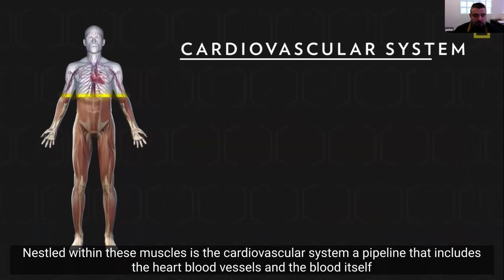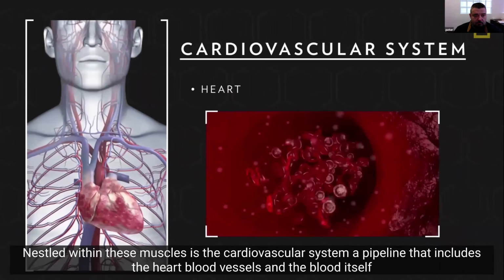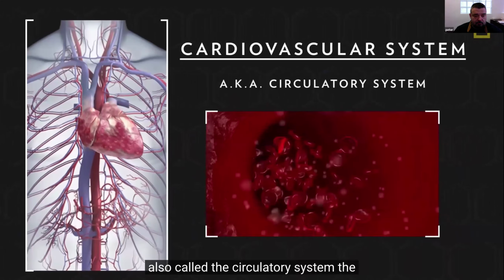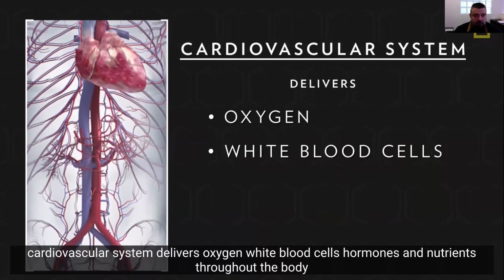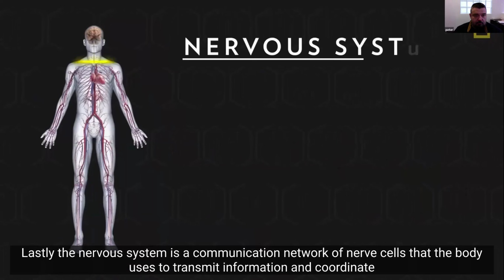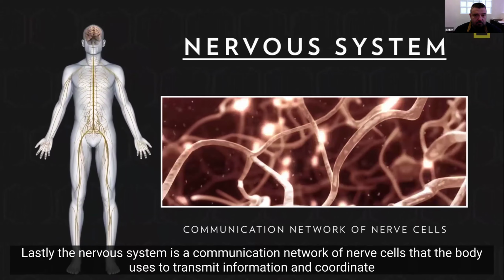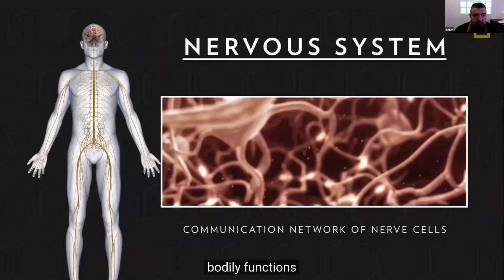Nestled within these muscles is the cardiovascular system, a pipeline that includes the heart, blood vessels, and the blood itself. Also called the circulatory system, the cardiovascular system delivers oxygen, white blood cells, hormones, and nutrients throughout the body. Lastly, the nervous system is a communication network of nerve cells that the body uses to transmit information and coordinate bodily functions.